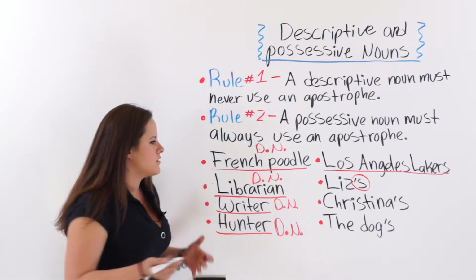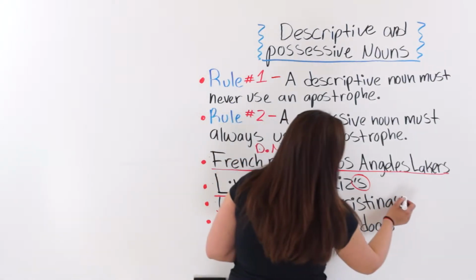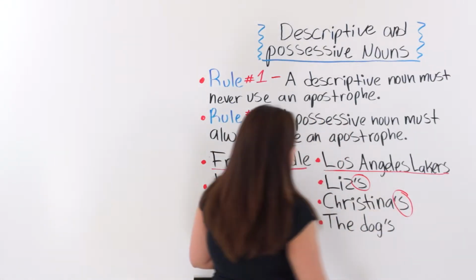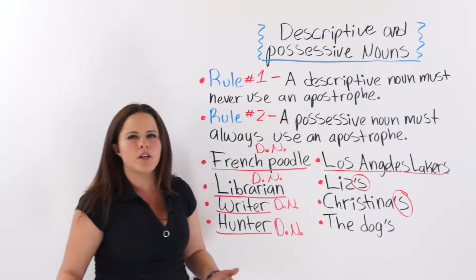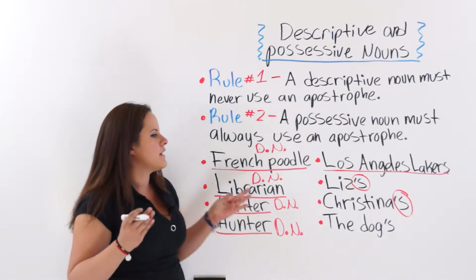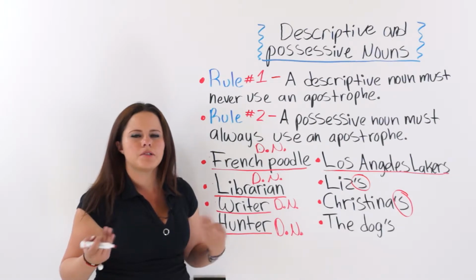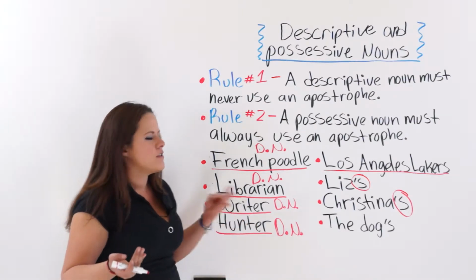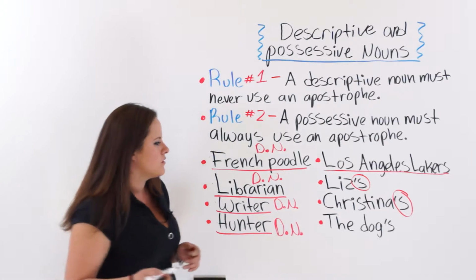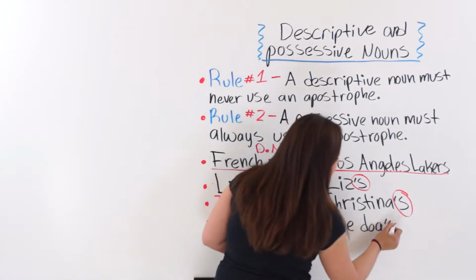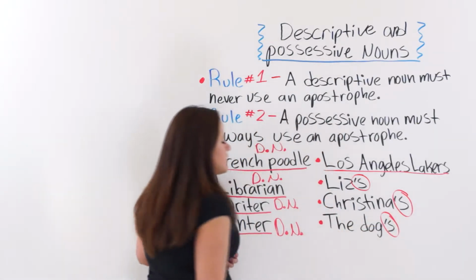The next one says Christina's. You see the apostrophe and the S, and you notice right away that it is a possessive, that you are going to talk about possession or belonging. This is Christina's house. And the last one says the dog's.